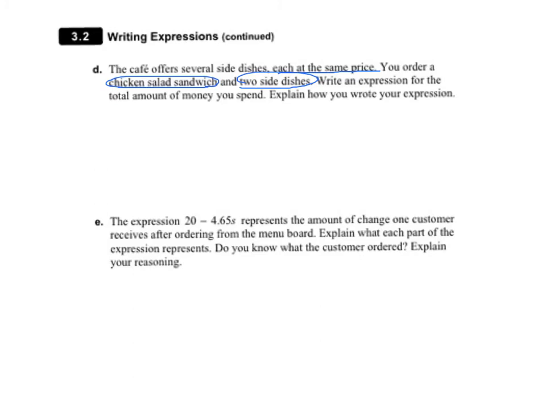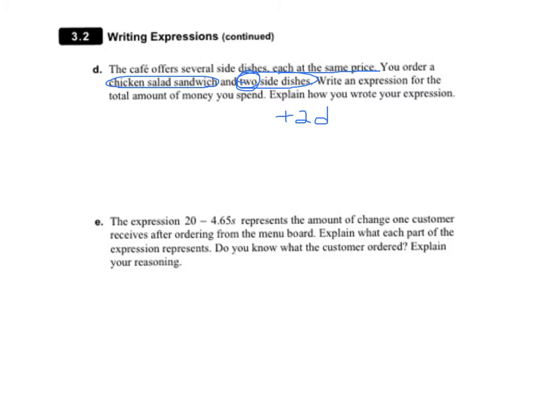So we know that the side dishes are each the same price, but we don't know what that price is. So that's called a variable, and we're going to call it D for dishes. We got 2 of those side dishes, so we're multiplying that D by 2, because we do know that they're both the same price. We're going to add that amount to the price of our chicken salad sandwich.